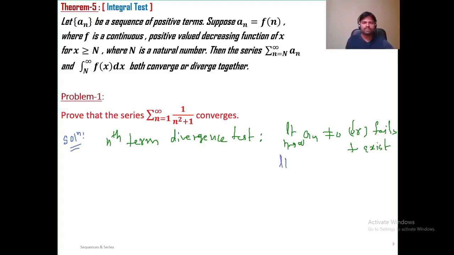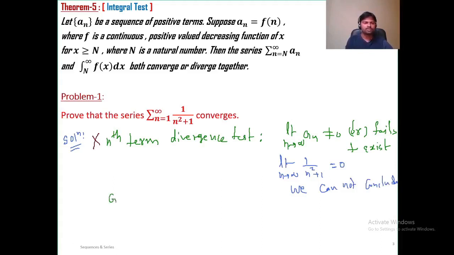What is the limit as n tends to infinity of a_n, that is 1 upon n squared plus 1? It is 0. Therefore we cannot conclude. Hope it is clear. So the nth term divergence test is not working here.